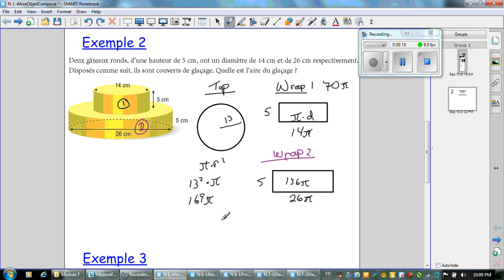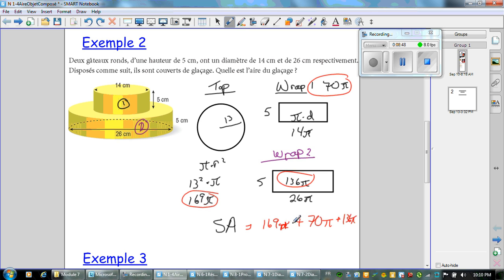So then if I want my surface area, all I do is I add the top, which is 169, and both wraps. So the surface area is going to be 169 pi plus another 70 pi plus another 136 pi.